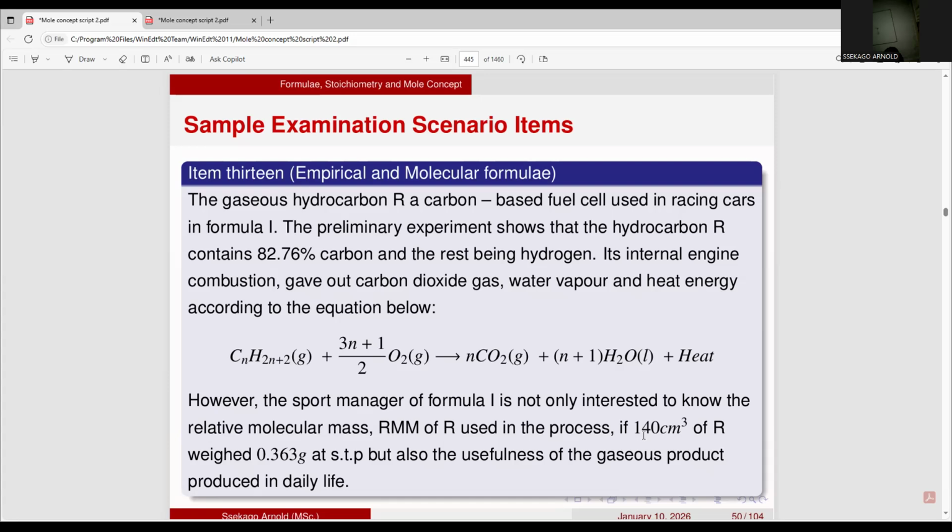What you are even seeing here is saying that the manager is not only interested to know the relative molecular mass.